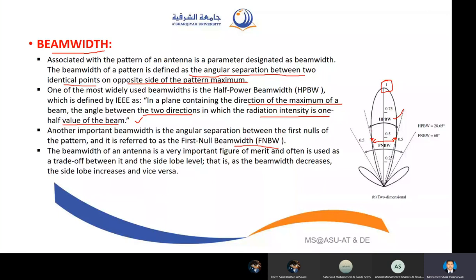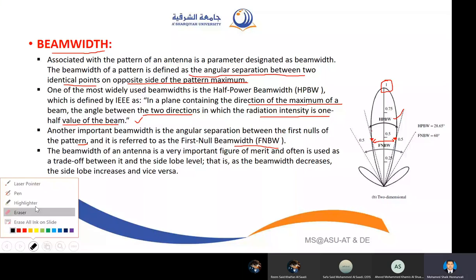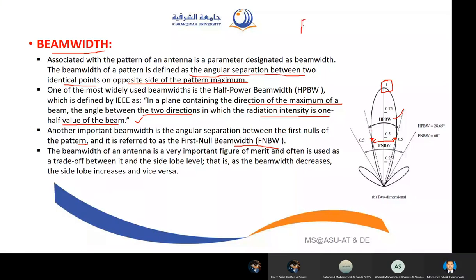In other words, I can say that the full null beam width, FNBW, is approximately equal to half power beam width multiplied by 2, twice that of the half power beam width.